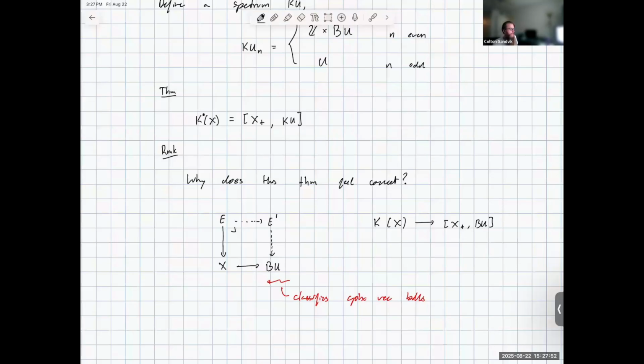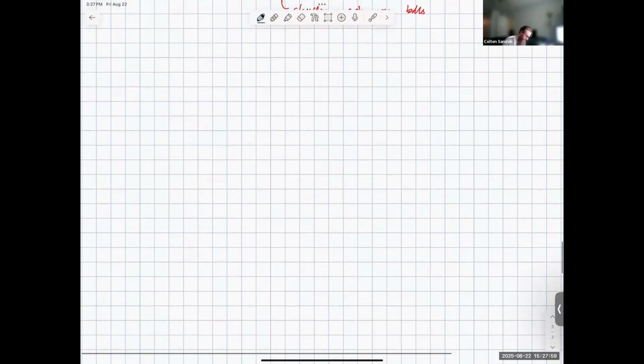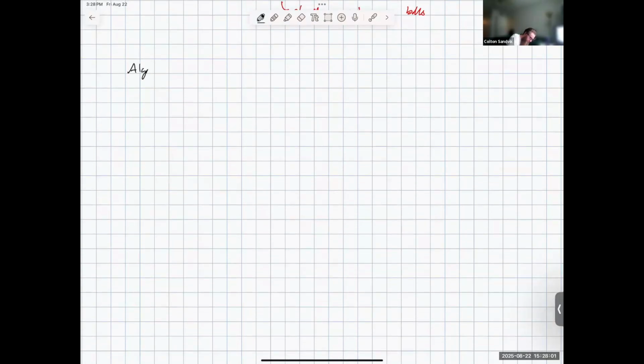Good. Okay. So let's now do this for motives. Algebraic K theory: one thing I'm not going to discuss is what algebraic K theory looks like for non-motives.